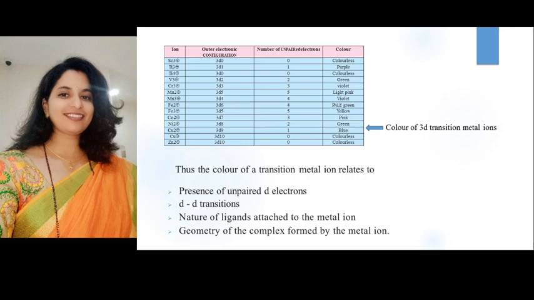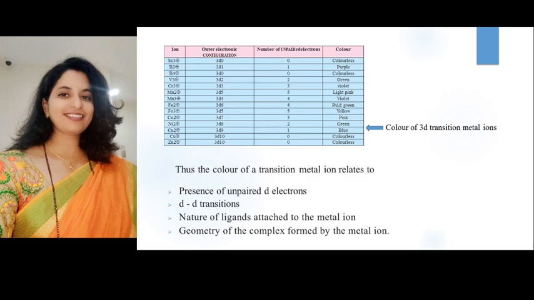Thus, the color of a transition metal ion is related to the presence of unpaired d electrons, d-to-d transitions, nature of ligands, and geometry of the complex formed by the metal ion. Or we can say the transition metals are colored due to d-to-d transitions and charge transfer.